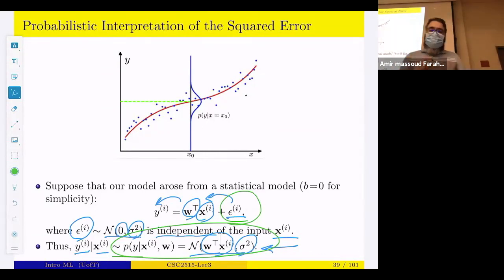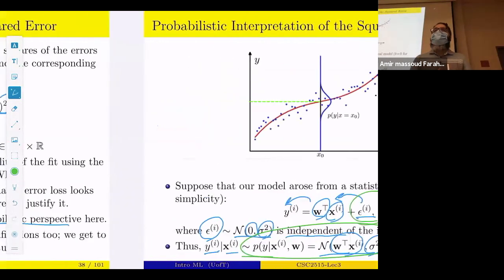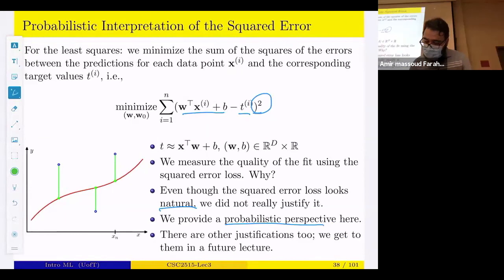But the other point that I want to emphasize is that squared error loss is a reasonable loss, even if the noise model that we have is not Gaussian. The interpretation is not this exact probabilistic interpretation, but it still has some nice properties. There are other justifications too, which we get to in the next lecture, which show that even if the noise model is not Gaussian, doing squared error loss is still a reasonable thing to do.